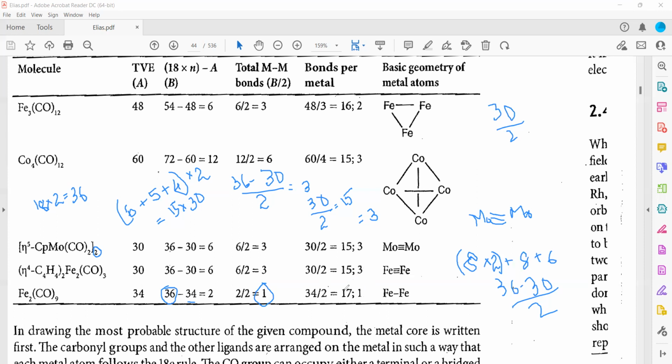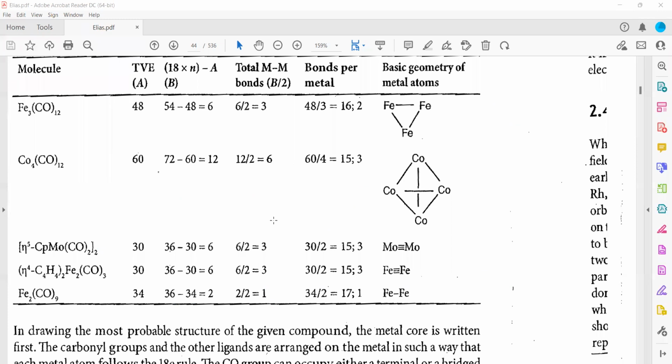You need 18. So there is a difference of 1. So this suggests that there is a total of one metal bond, and each metal carries one metal bond. Okay, I hope I'm clear, and now there is no problem in calculating the metal bonds in multi-nuclear complexes, and also calculating bonds per metal.